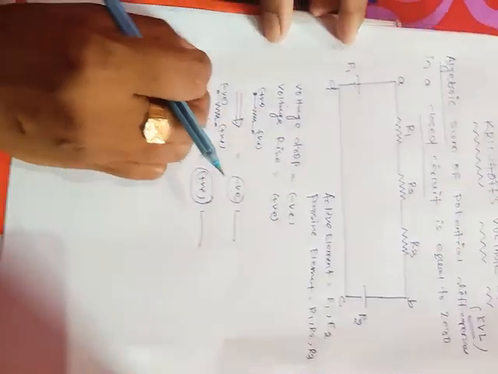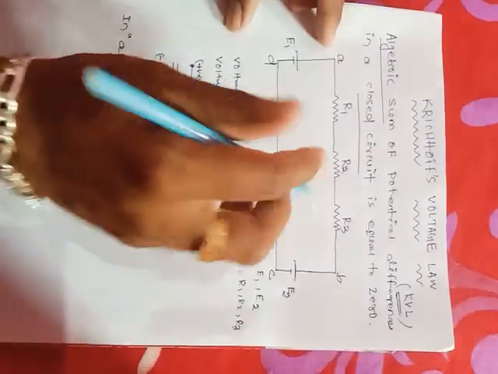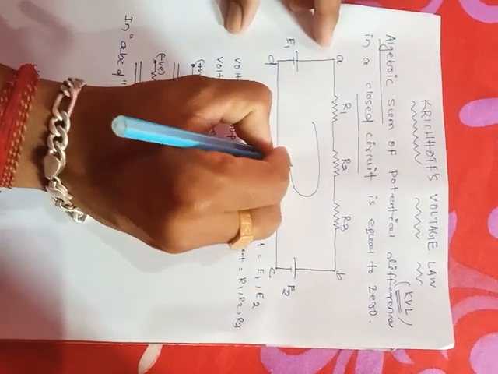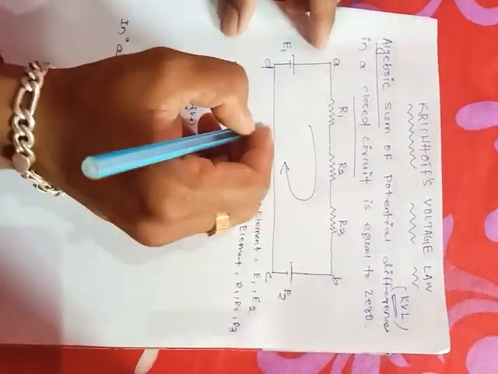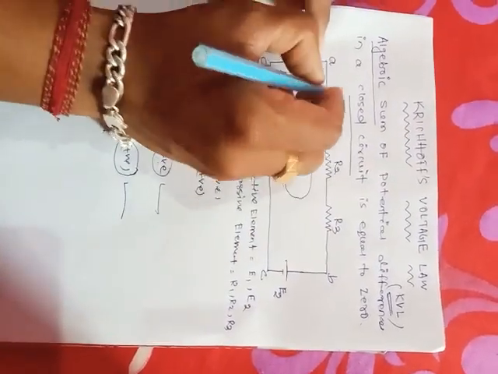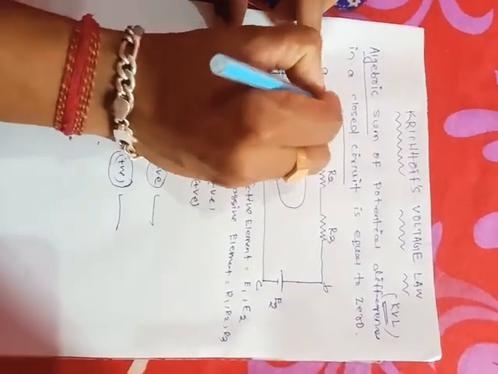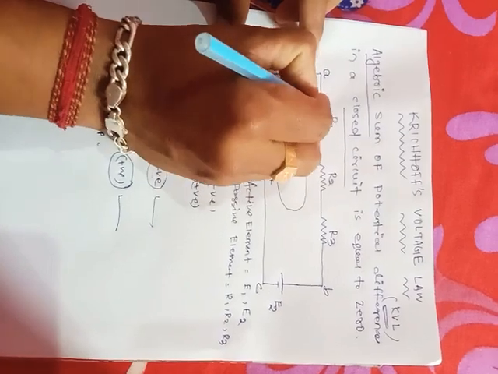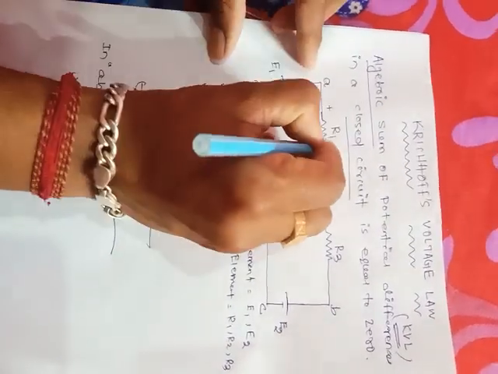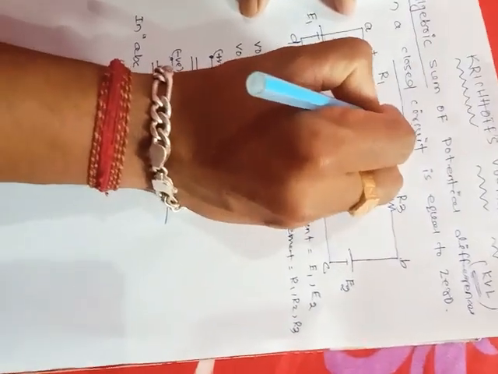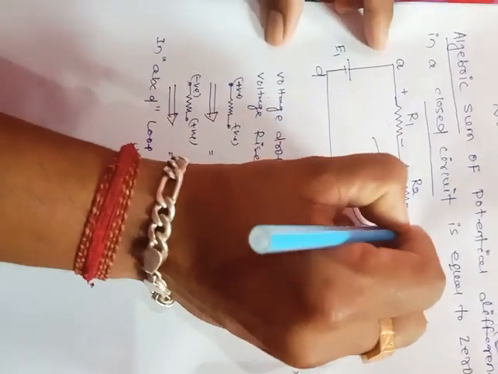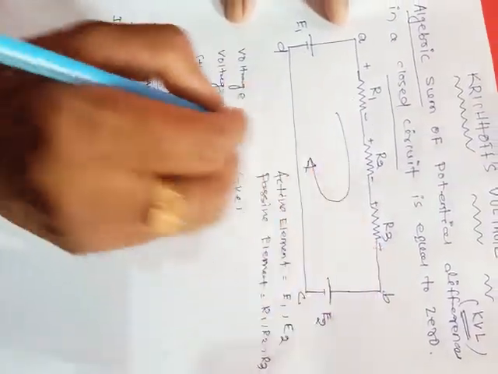The current direction is clockwise, left to right. Let me name the polarity: each element has a positive and a negative point.